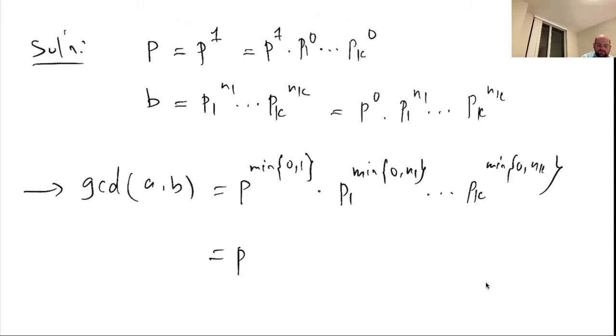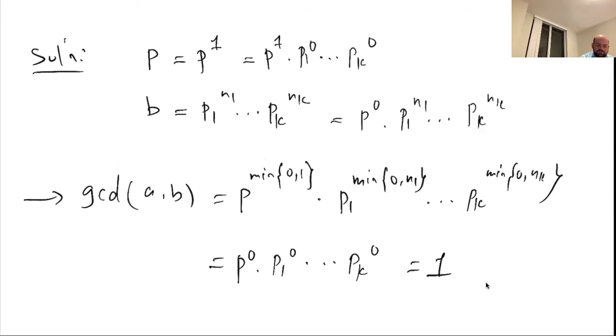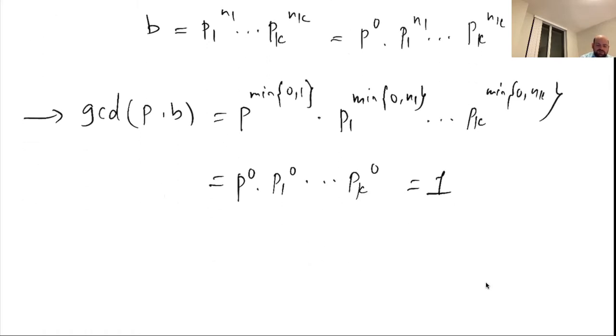So this is P to power 0 times P1 to power 0, Pk to power 0, and the answer is 1. Okay, so in this case, A was P, that is the GCD of P and B is 1, and that means P and B are relatively prime.